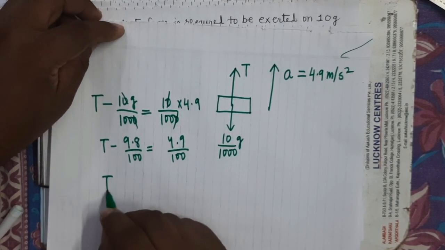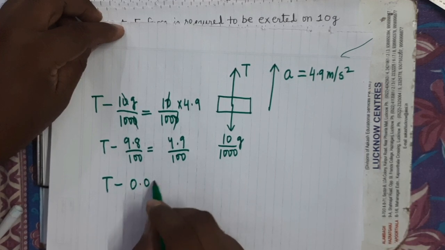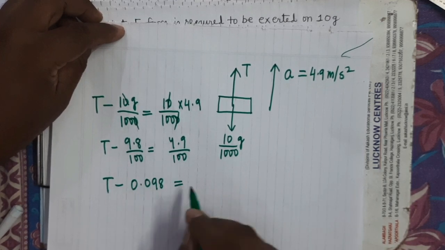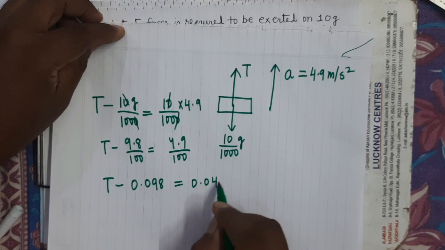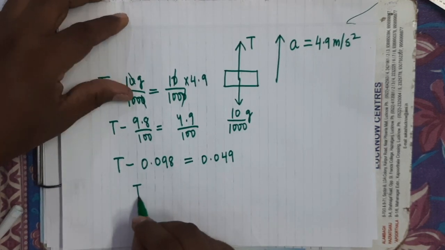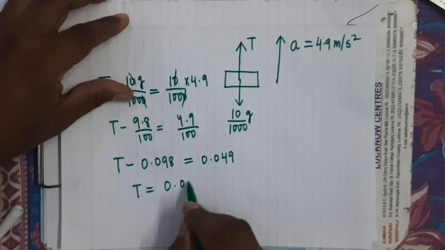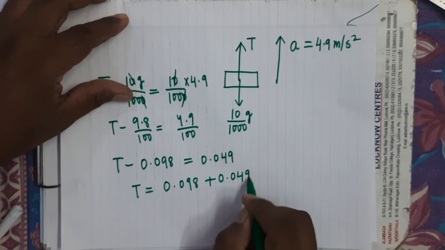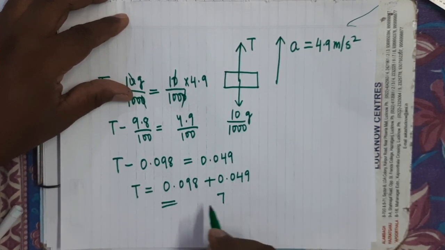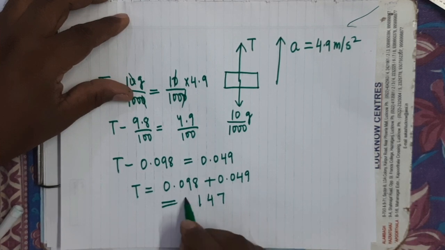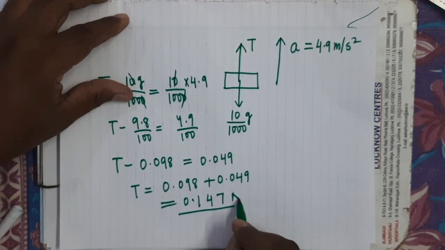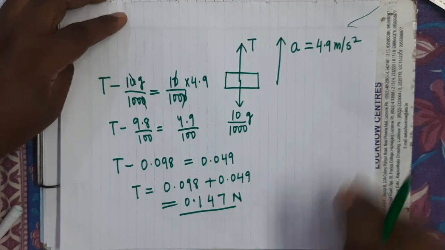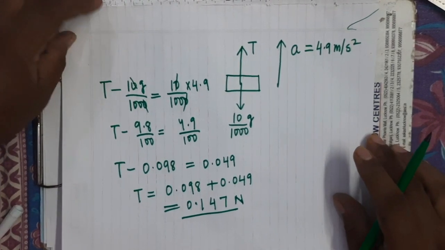So it will be T minus 0.098 equals 0.049. When you simplify, T equals 0.098 plus 0.049, which is 0.147 Newton. So we can find T this way also. It's clear.